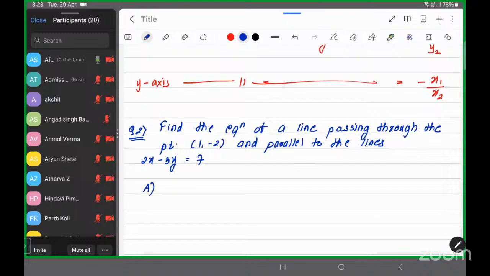I will give you a shortcut for that, which is very simple, to find the equation of a line parallel to a given line.